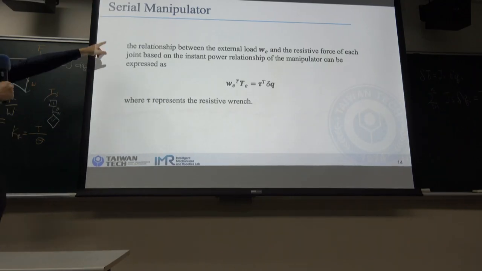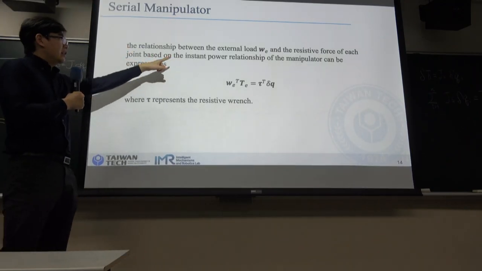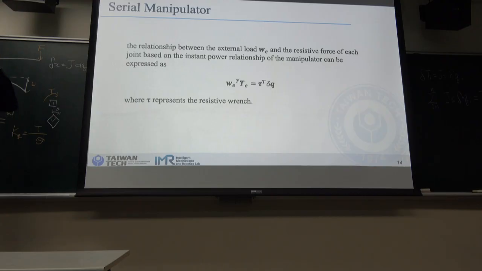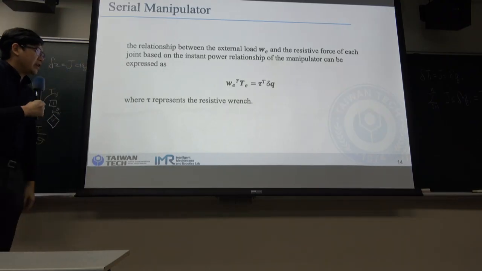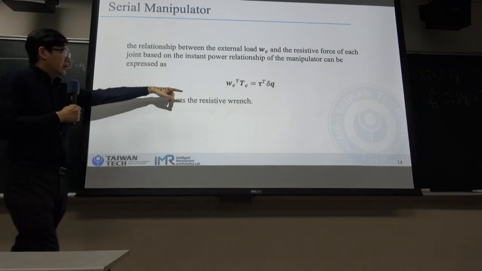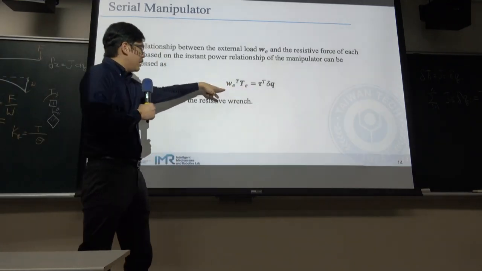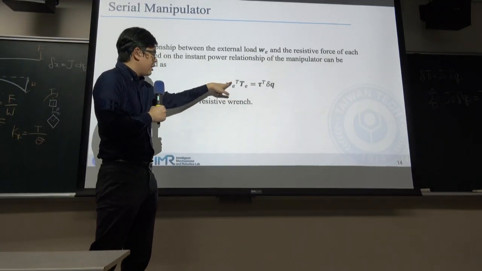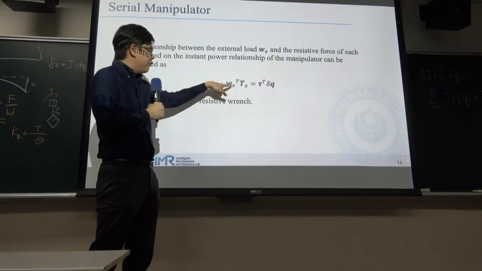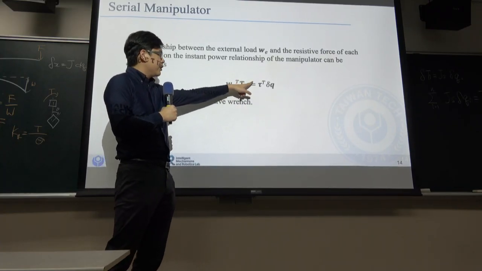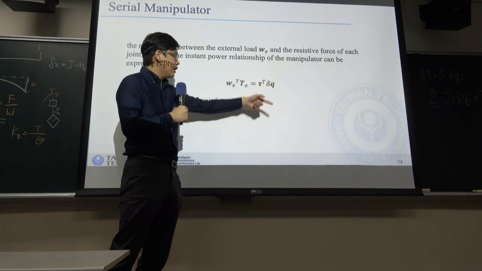And the relationship between the external load and the resistive force of each joint, based on the instant power relationship of the manipulator, can be expressed like this. So we know that this is the force times the displacement. So force times displacement equals the torque times the angular displacement.